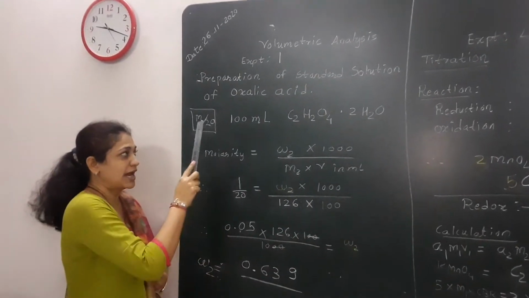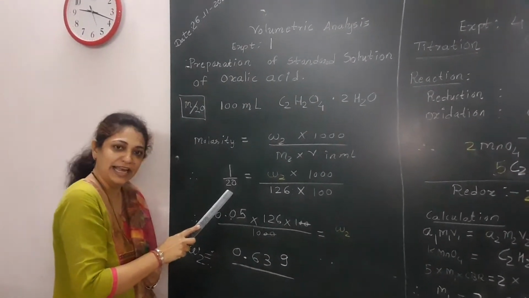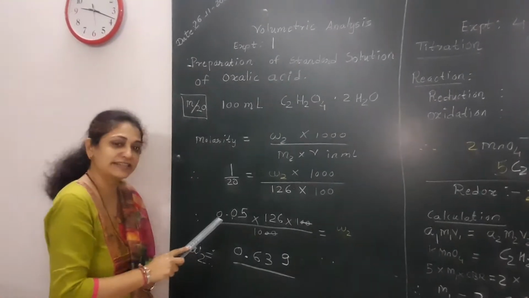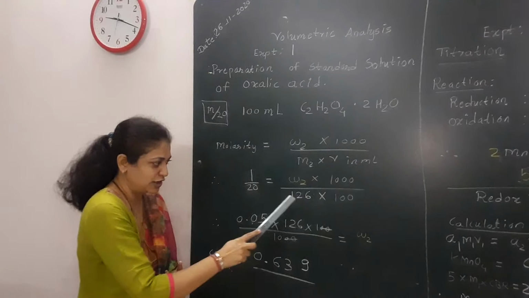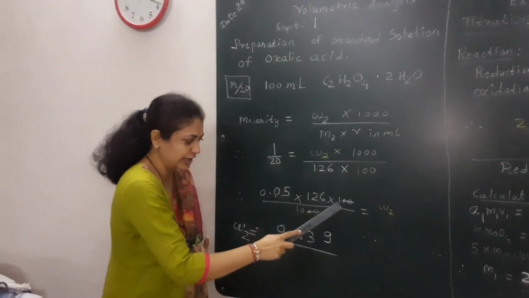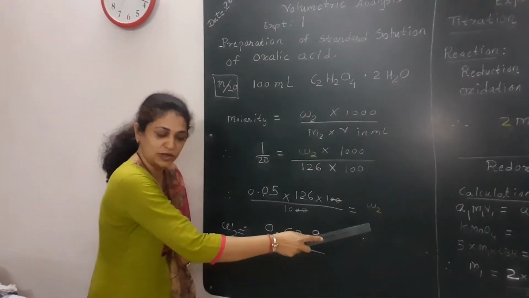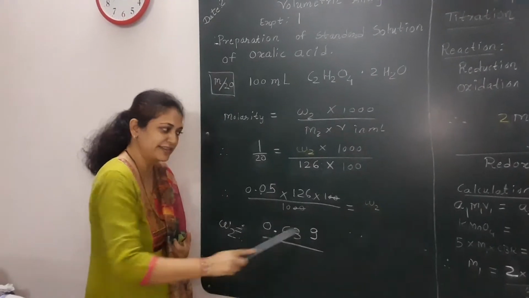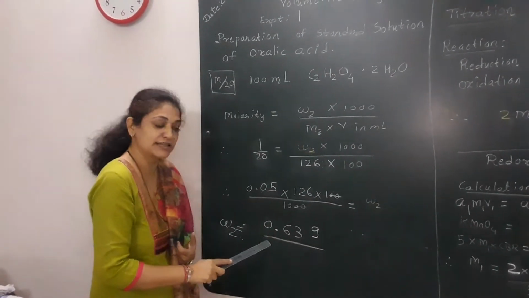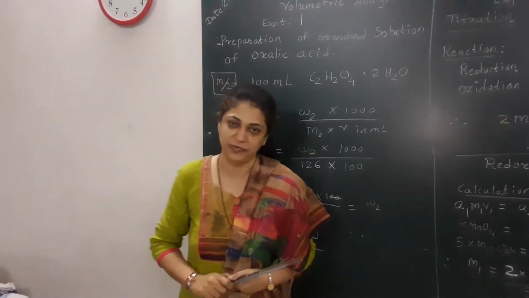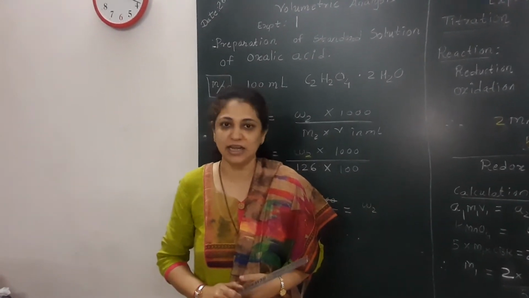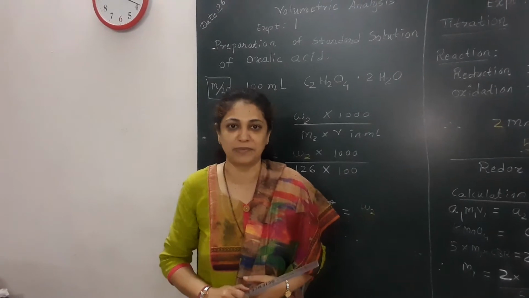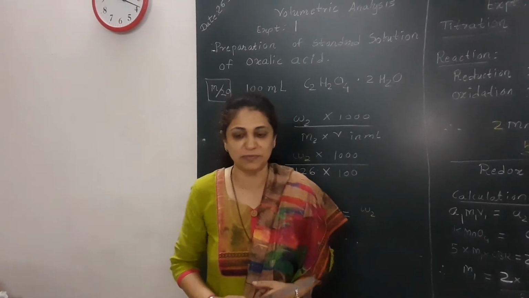Now N/20 means 1/20, and if we simplify this we get 0.05. So 0.05 into 126 into 100 divided by 1000 is equal to W. When I solve this, I get my answer as 0.63 gram. So I need to weigh 0.63 gram of oxalic acid, and then dissolve it in 100 ml of water. So let us go and prepare it.